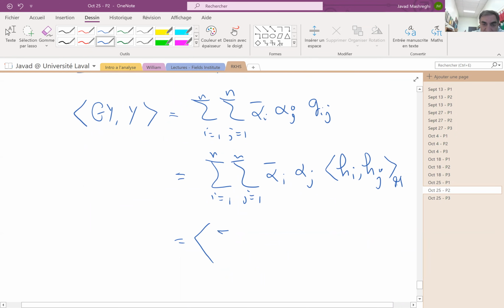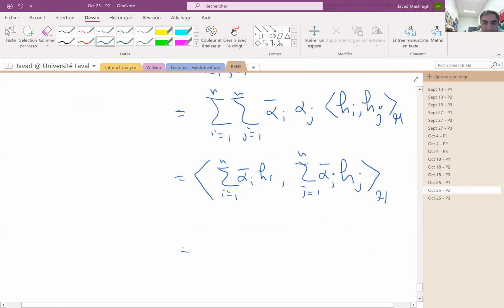It's sum i from 1 to n, alpha i bar Hi, sum j from 1 to n, alpha j bar Hj, which is the norm squared. And this is bigger than or equal to 0.